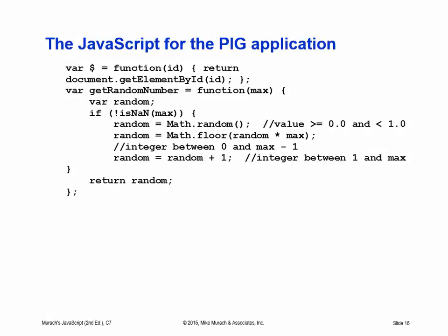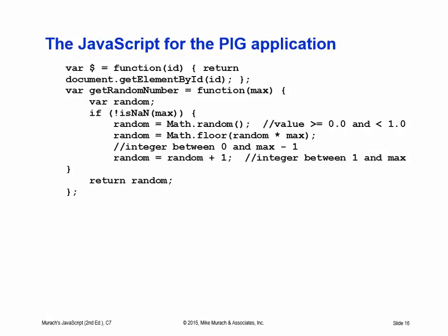Then there's a change player function, which is called when the turn from one player ends. Then there's a new game function if we want to start a new game. The roll dice function, which is going to generate the random number between 1 and 6. The hold turn function, which is the event handler for the click event for the hold button.